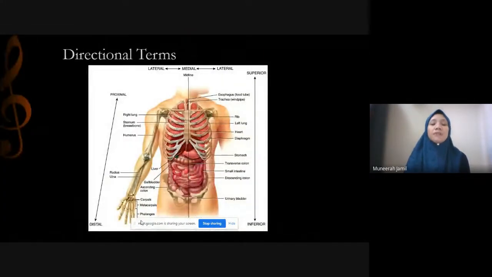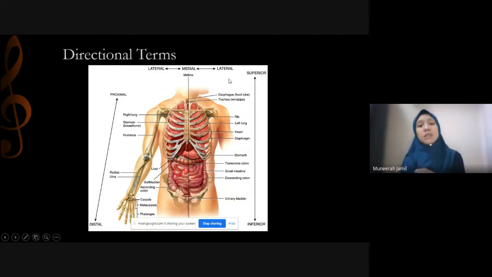So there are a few directional terms that you have to be familiar with in anatomy. The midline of the body is also called a midline, and something that is close to the midline is called medial. Structure yang mendekati midline kita panggil dia sebagai medial. Structure yang menjauhi midline kita panggil dia lateral. Okay, so these are the directional terms.